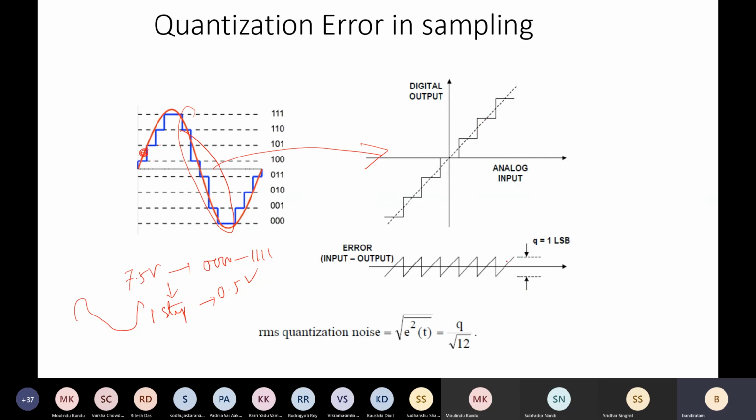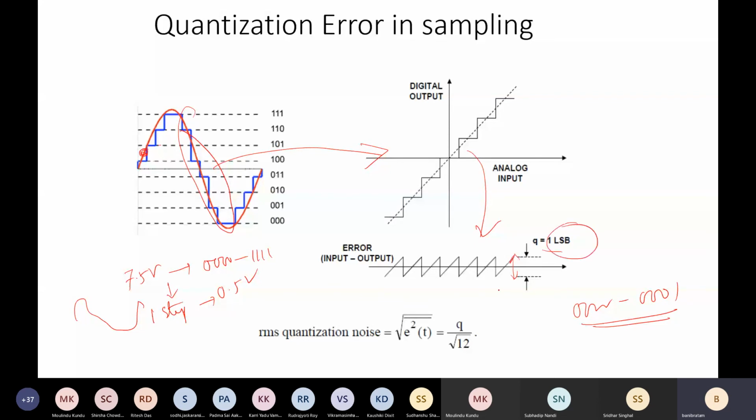If you rotate this by 45 degrees so you can write it horizontally, it looks like this type of staircase arrangement, right? Here this difference corresponds to one level change, meaning 0000 to 0001. That is one step change, which corresponds to one LSB, is it not?